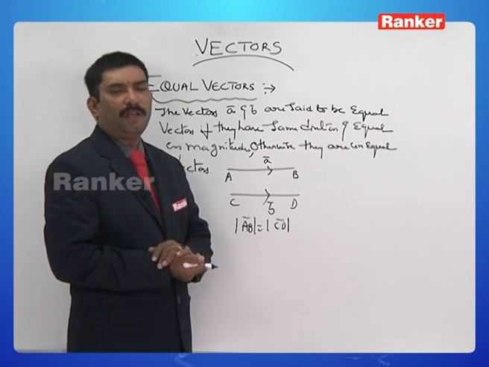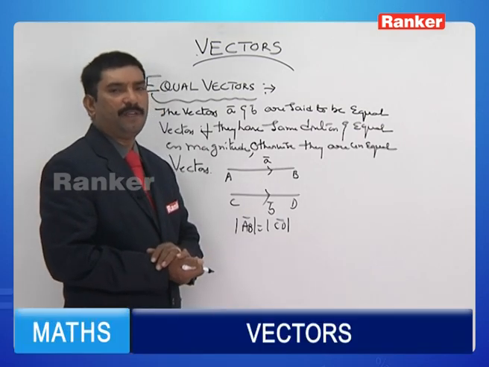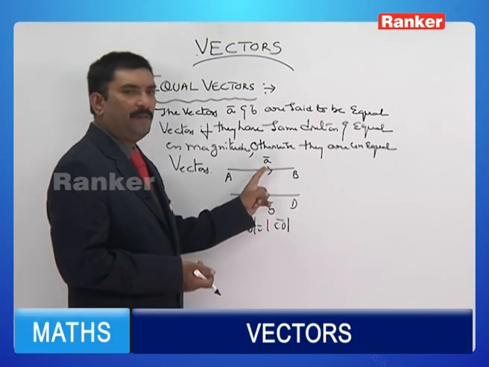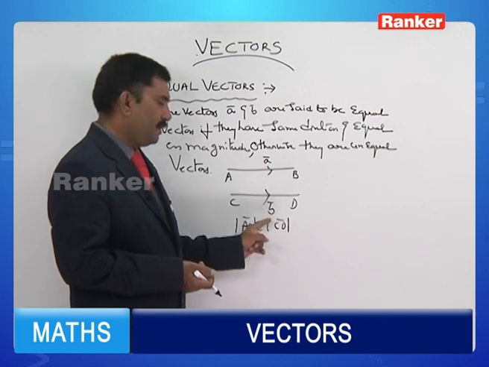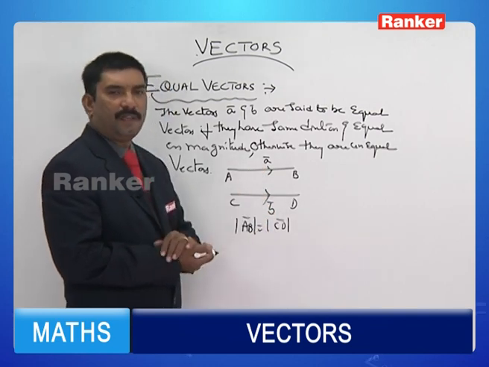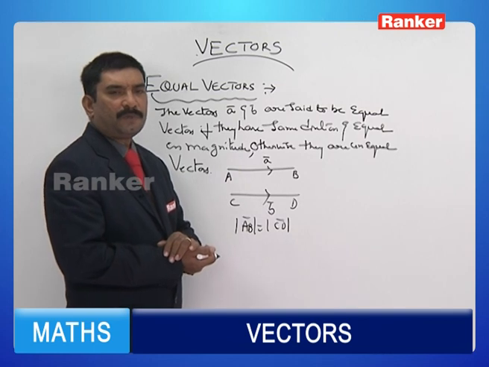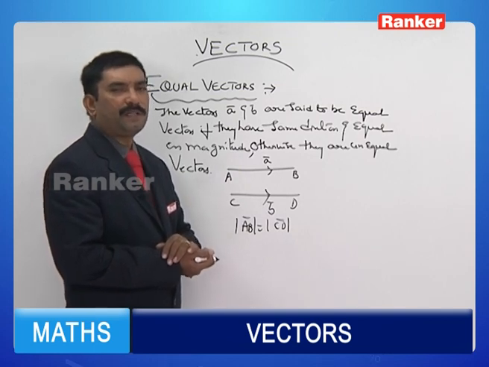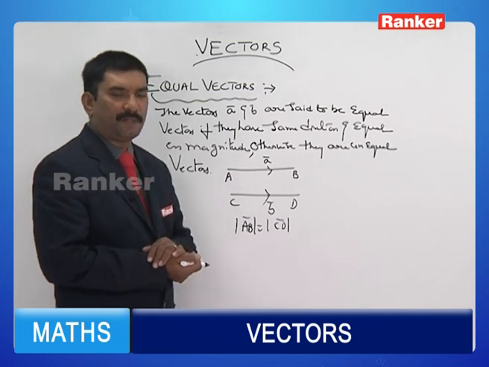Therefore, any two vectors are said to be equal if they have the same directions and equal magnitudes, satisfying the two conditions.